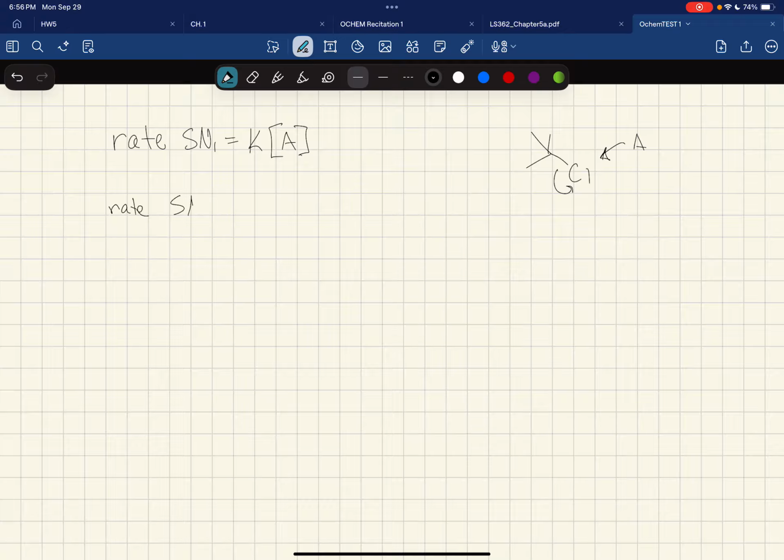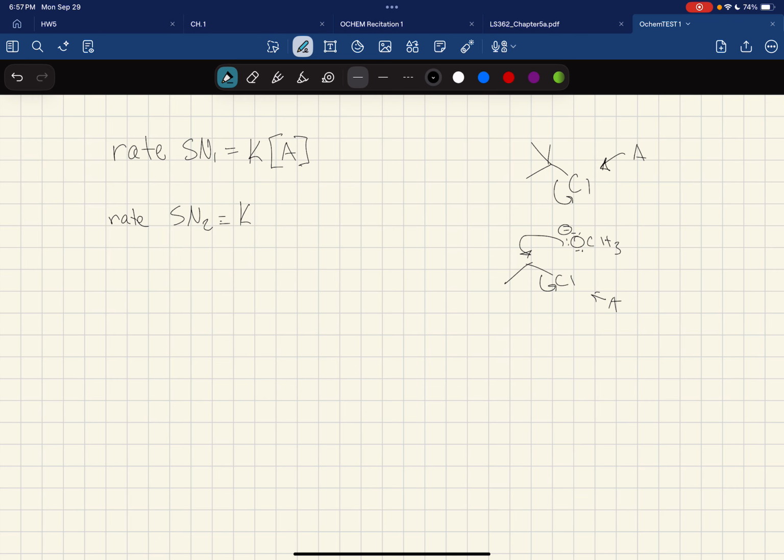For the SN2, it's always going to be dependent on both. We'll call that A again, we'll call that B. A and B, the electrophile and the nucleophile, because it's a concerted mechanism. It depends on that collision between those substrates.